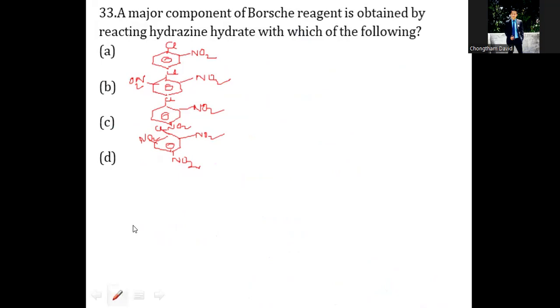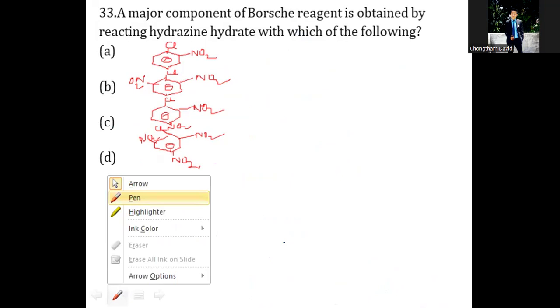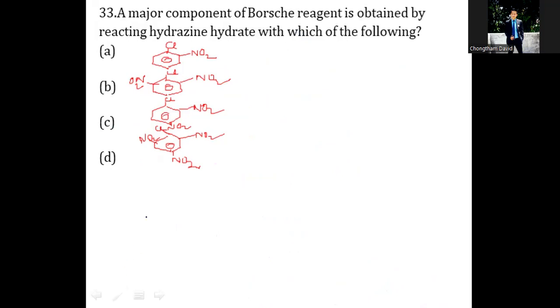If you want to draw the structure, remember it can be obtained by reaction of 2,4-dinitrochlorobenzene and hydrazine. Treat this with hydrazine.